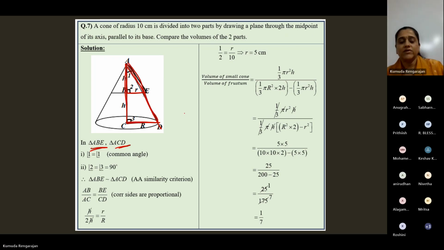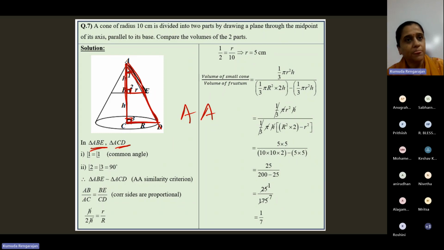Okay. We're using the AA similarity criterion. Angle 1 is common to both the triangles, correct? Yes or no? Yeah. And then angle 2 is equal to angle 3, 90 degrees. So we have shown two pairs of equal angles in the two triangles. That's what the AA similarity criterion is.